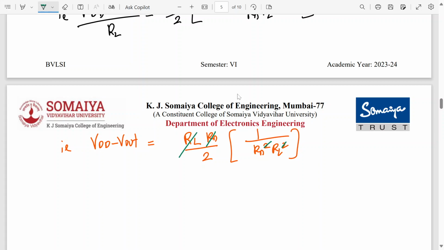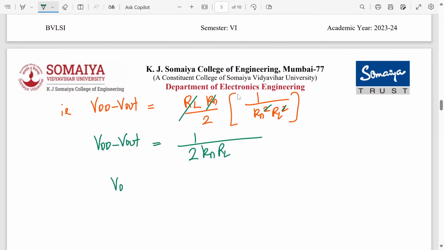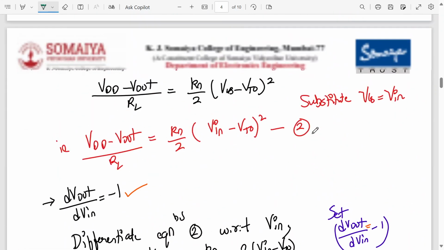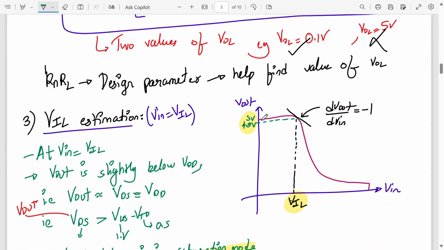RL square gets cancelled with RL. So what is the stage now? VDD minus Vout is equal to RL, one term of RL is there in the numerator. So all the terms are in the numerator, no term is there in the denominator. So it will be twice Kn into RL. That's it. Now we rearrange the bracket. What is Vout now? Vout will be equal to VDD minus 1 upon twice Kn RL, and that's the expression for Vout. We know that it will be closer to VDD, but we are just making sure that it's correct. It will be closer to VDD only.